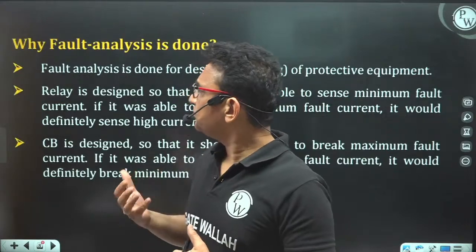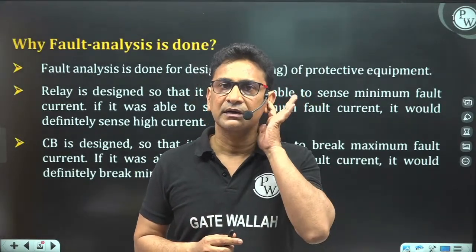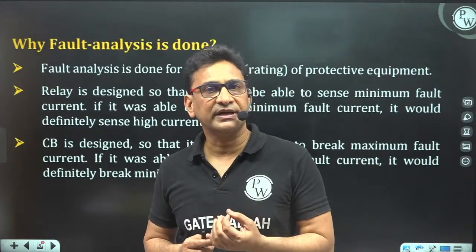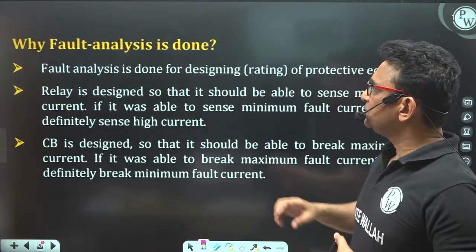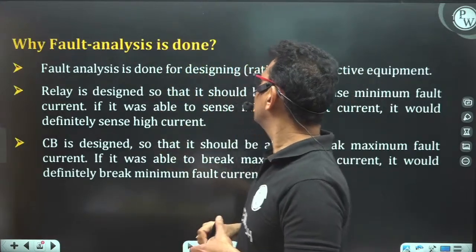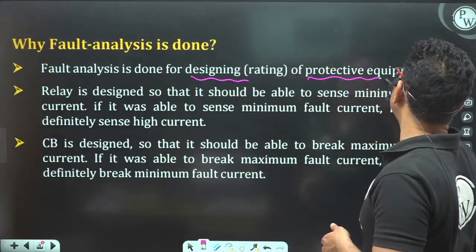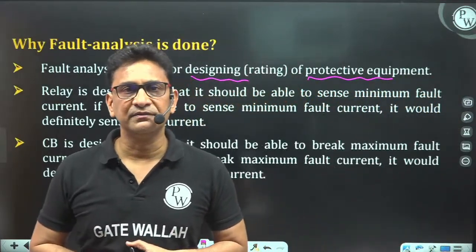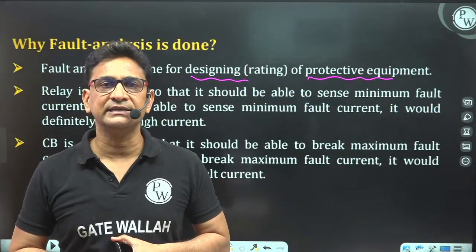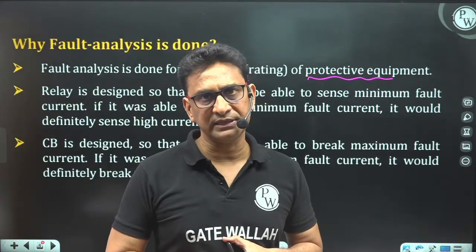So why do we want to find the value of fault current and the fault MVA when the power system is not working in the normal condition? The main thing is that by using the fault analysis, we want to find out the rating of our protective equipment. See, the power system has protective equipment that protects the power system during abnormal condition.